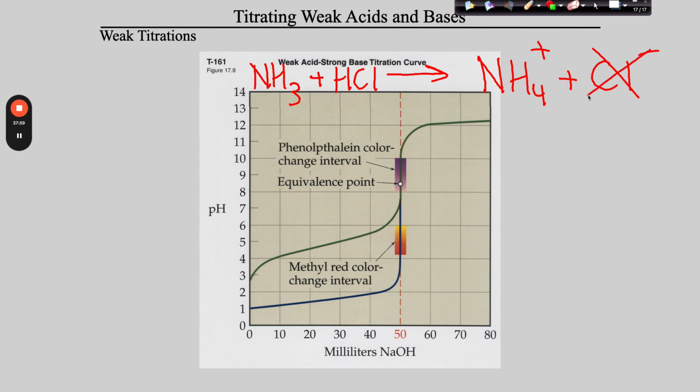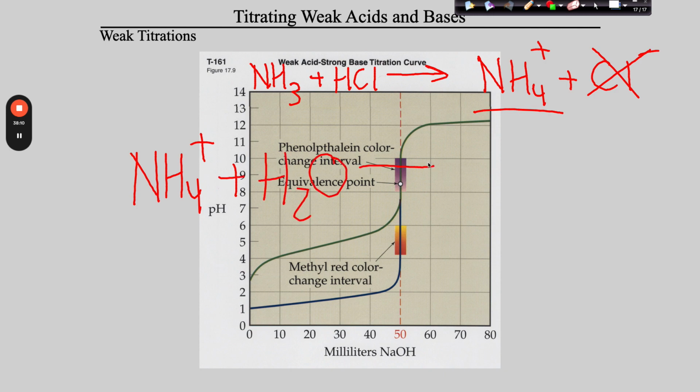But this is the child of the weak base. So NH4 plus ammonium does chemistry with water. Well, it gives a hydrogen to water, and that forms NH3 and then H3O. And that H3O is acidic and the pH goes down. Yep. Is that okay?